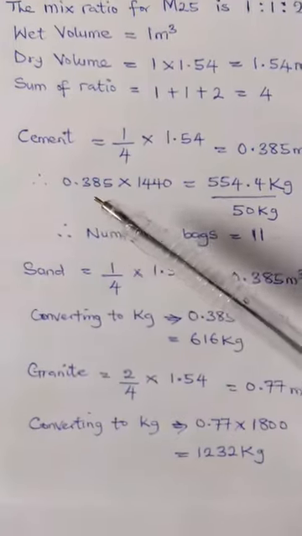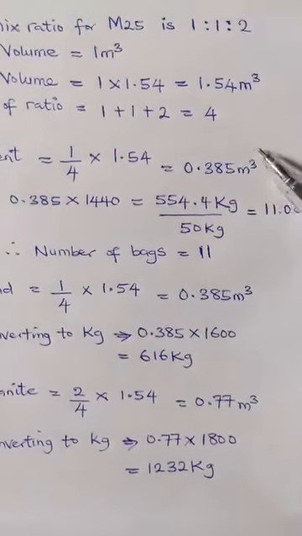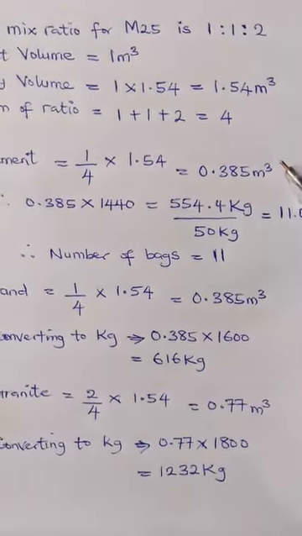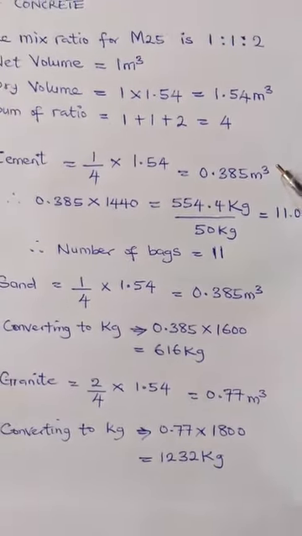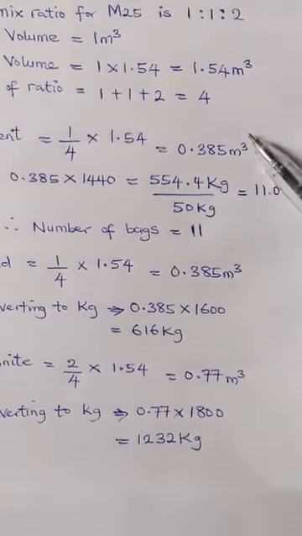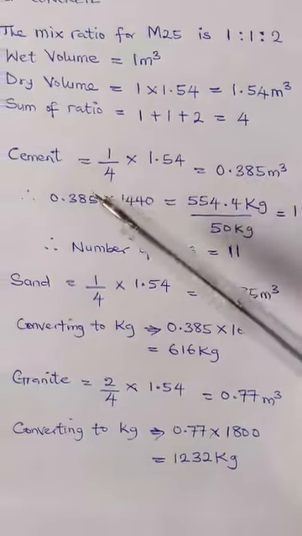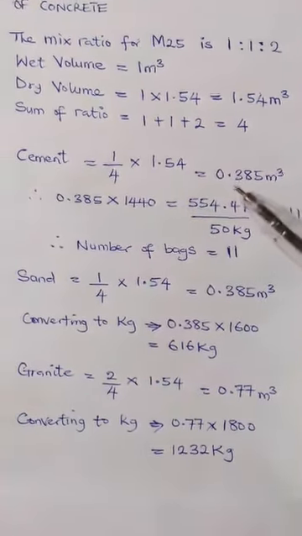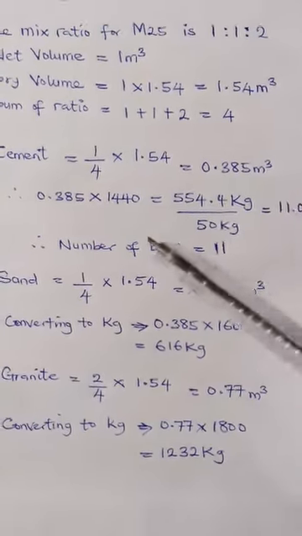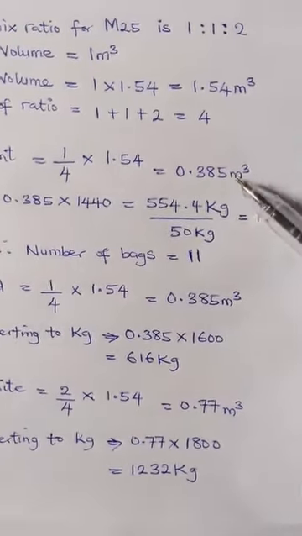This is in volume. If you're doing your batching, which is the proportioning of the material, by volume, all you need to do is use this volume for your cement. But if you're doing it by weight, which is measured in kg, you have to convert this to kg.